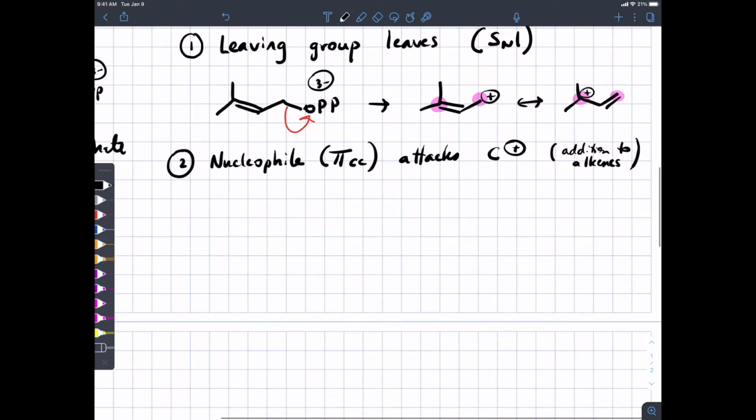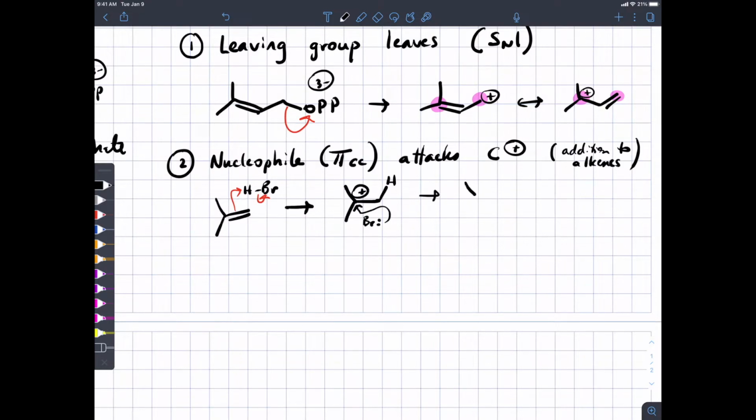You remember in 351 learning that if you have this alkene and HBr, the pi bond attacks the proton, and we make a new carbon-hydrogen bond with the less substituted carbon so that the positive charge can be on the more substituted carbon, which then bromine attacks to give you this product, right?